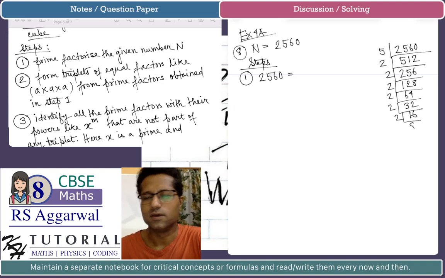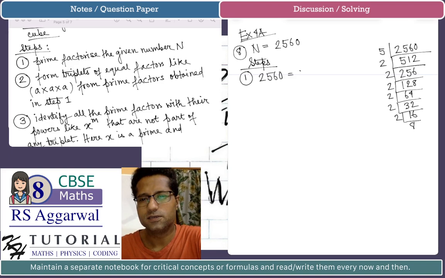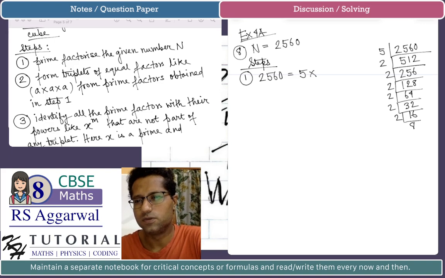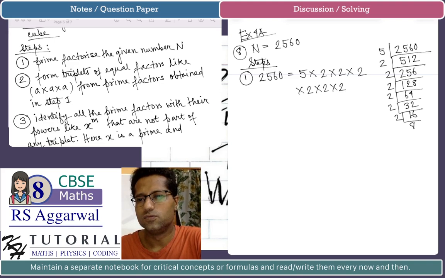2, 8. Okay. So if you do prime factorization, you will see it is 5 multiplied by how many 2's? 1, 2, 3, 4, 5, 6, and for the 8 we will have 3 2's.